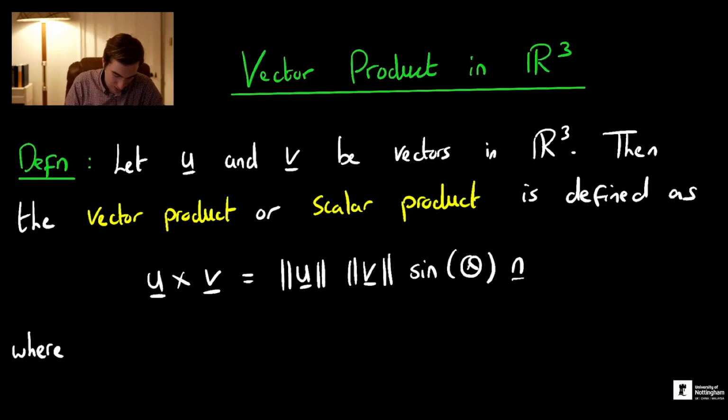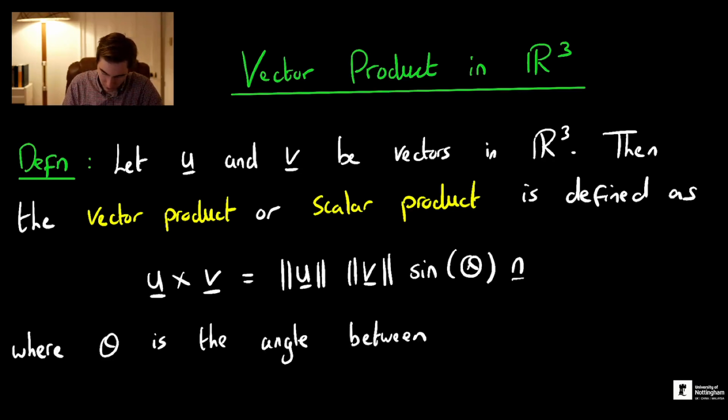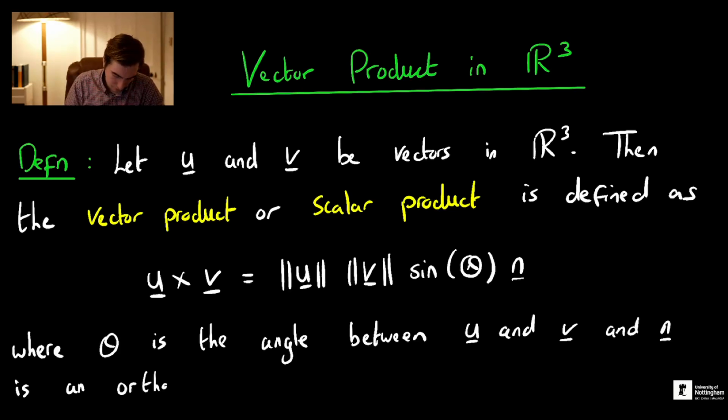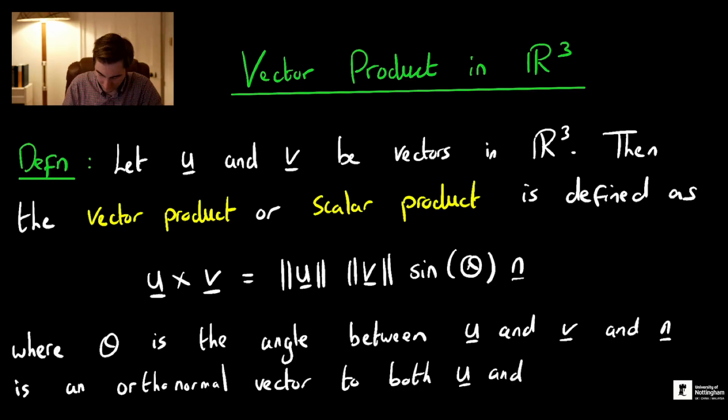So let's write this where theta is the angle between u and v, and n is an orthonormal vector to both u and v.